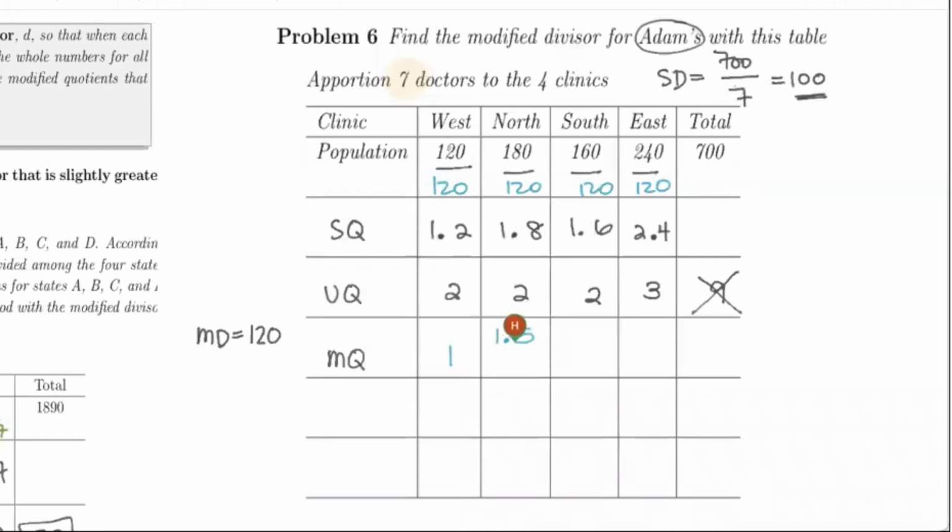So it is a 2. 160 over 120, I have 1.33, so it's a 2 again. 240 over 120 is 2, a whole number, so it is a 2. So I have 7. Oh, 120 works.